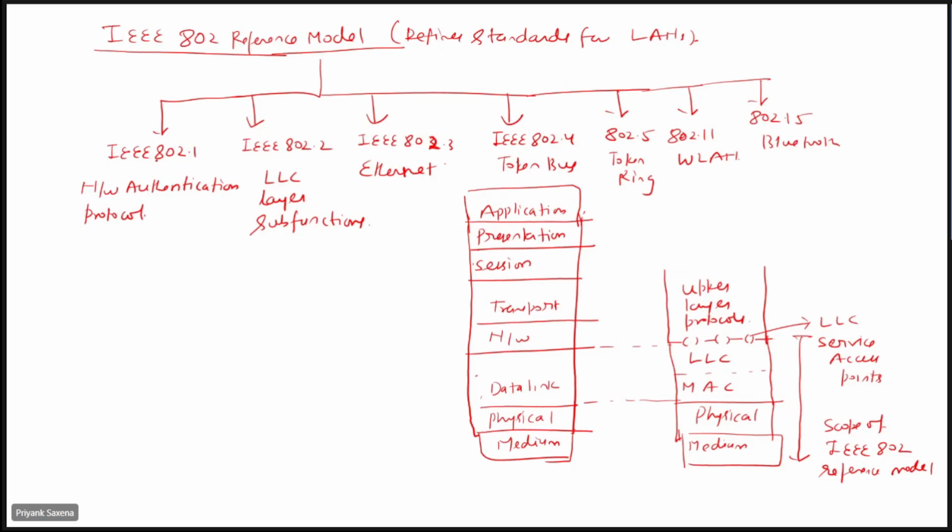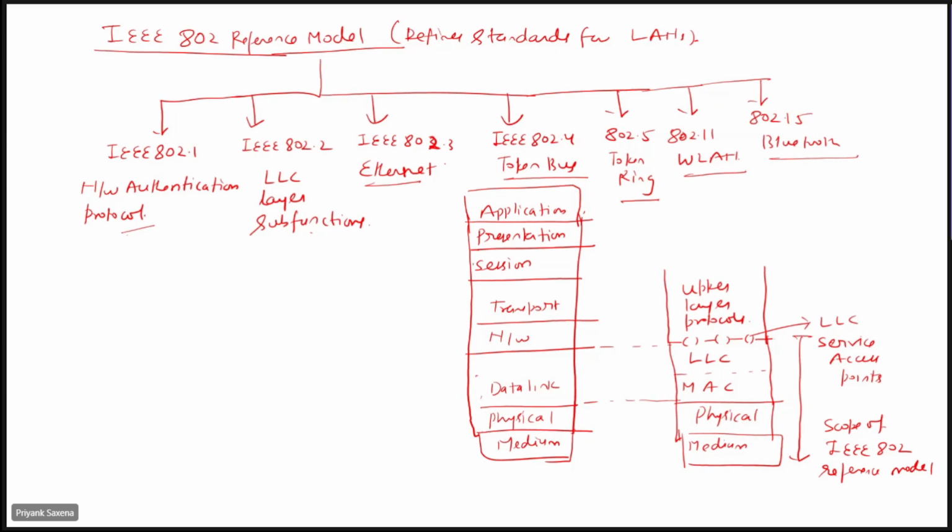There are many subcommittees of this, like you can see 802.1 network authentication protocol. 802.2 is LLC layer sub functions. 802.3 is your Ethernet LAN, token bus, token ring, wireless LAN. There are many. Okay, I have not written all, because 802.15 is Bluetooth. And there are many other improvements coming in the form of 802.11 A, B, C, D, E, F, G, H, like that.